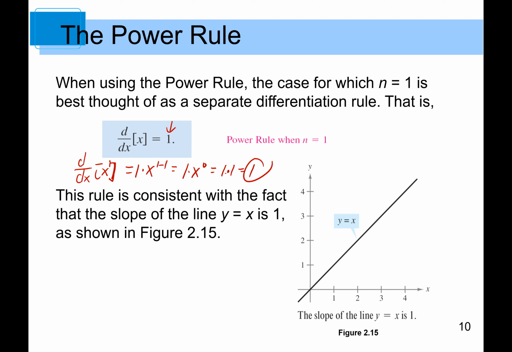So this is a quick confirmation of what we just went over. The rule is consistent with the fact that the slope of the line y equals x is 1, so the derivative is equal to 1.